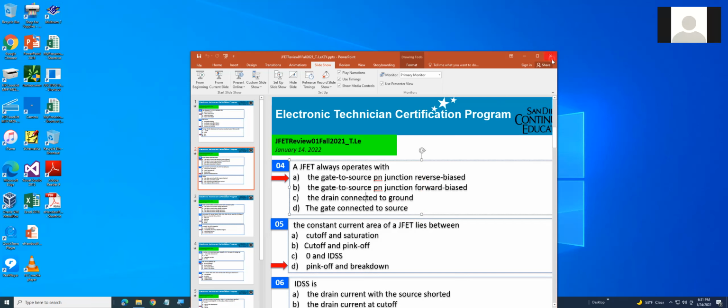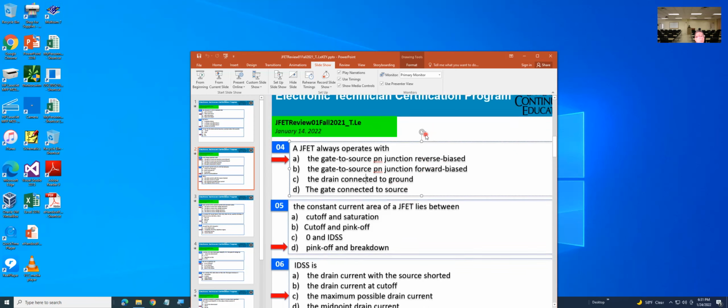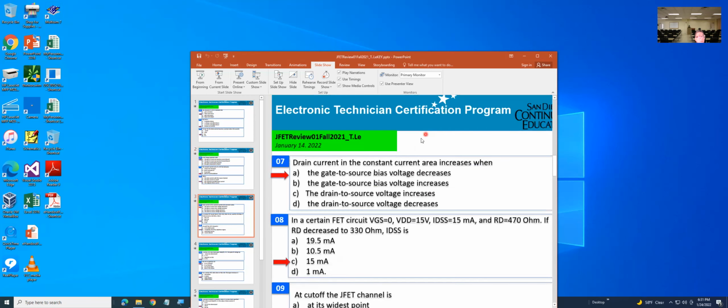Also, can you go to question 7, please? Drain current in the constant current area increases when the gate to source voltage, that means VGS, is decreased. Okay, thank you. Can I also see question 9?